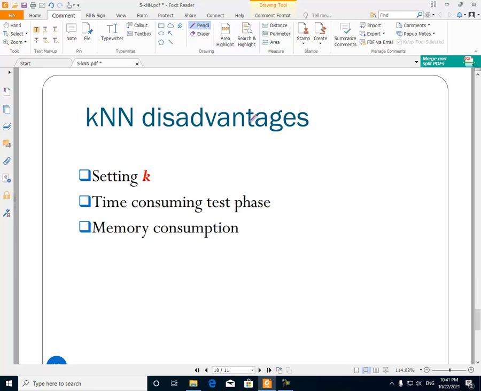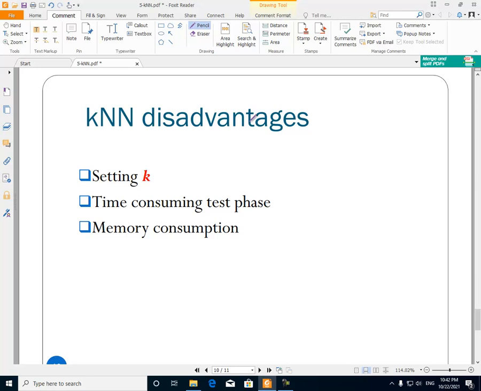The other disadvantage is the time consuming test phase. In other classifiers like the neural network, the training phase is time consuming and then the test phase is fast. But in KNN, it's the opposite. We don't have a training, so we don't have any time for that. But the test phase is time consuming because we have to find the distance of our test data with all the training data, and then we have to sort it, and then we select the k nearest neighbors.